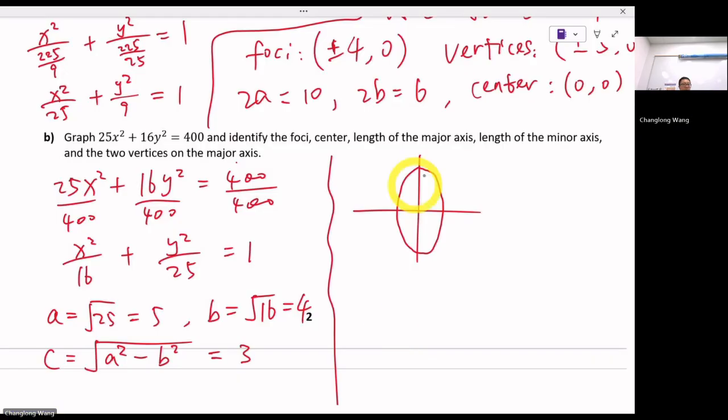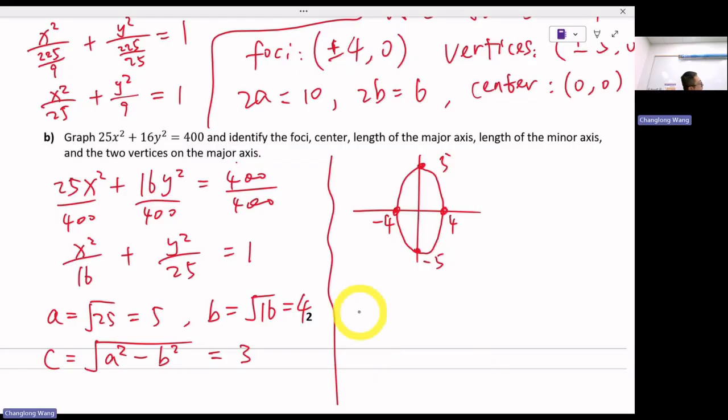Is that okay? And also, if you want to label the points, do that, reminding yourself it's vertically stretched, right? So you get 5, -5, that's the semi-major, right? Then here you have -4 and 4.